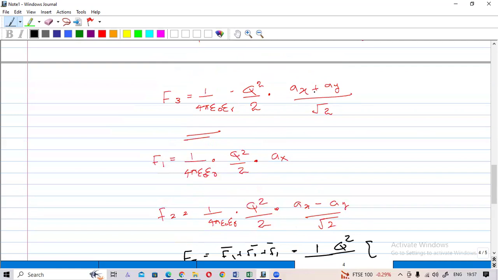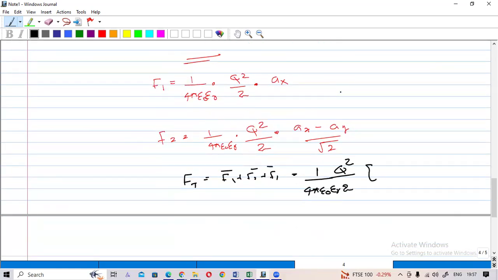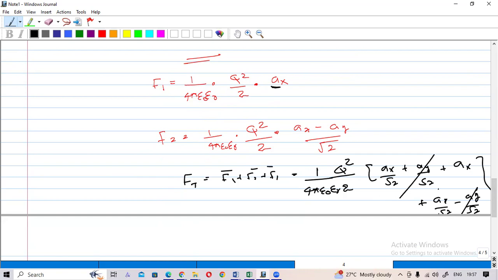And here you have ax plus ay over root 2, ax over root 2, ay over root 2, plus ax, this one, plus ax over root 2 minus ay over root 2. And this one cancels out.